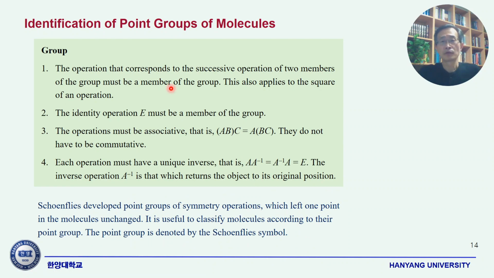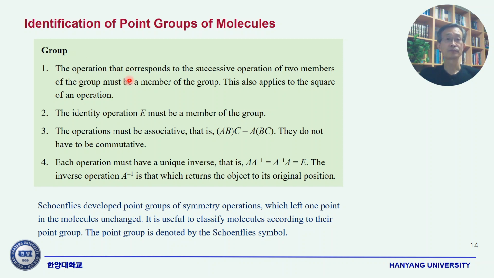Before we go further, this is actually the second lecture of this symmetry series, about group theory. Before we jump into group theory, let's define what a group is. So what is a group of symmetry elements in this case?